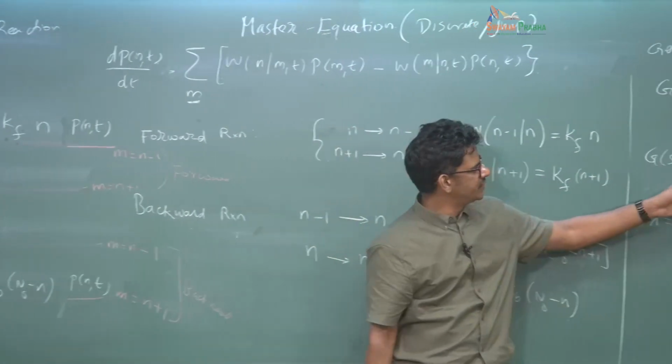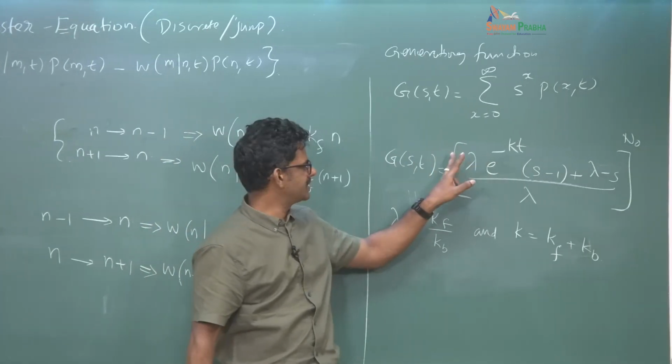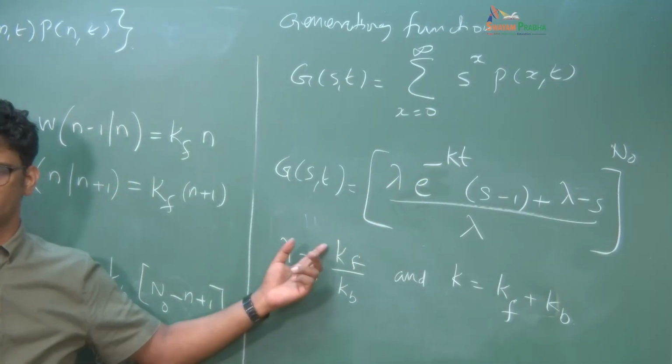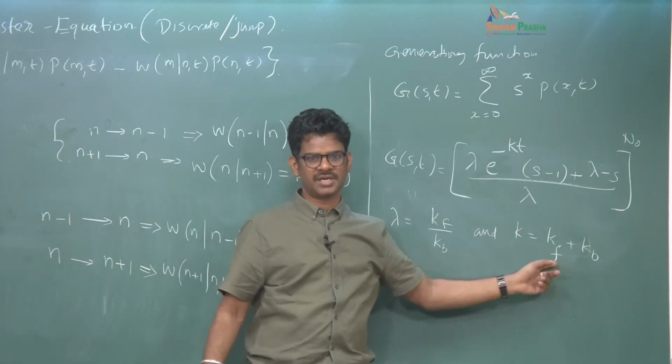So we are writing the solution in terms of 2 parameters, lambda and k, and lambda is the ratios of the rate constants, and k here is the sum of the 2 constants.